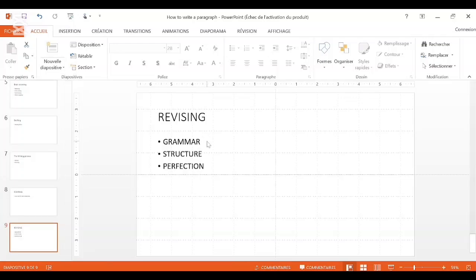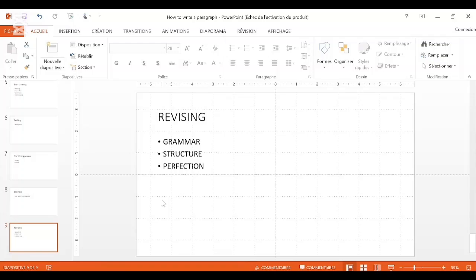And then we move to the next step, the last step, the revising. Revising is writing properly on a real paper, writing considering grammar rules, the structure of sentences, and focusing on perfection. It's the last part of your paragraph writing, so you have to write it correctly considering grammar rules and structure, and you have to perfect it.